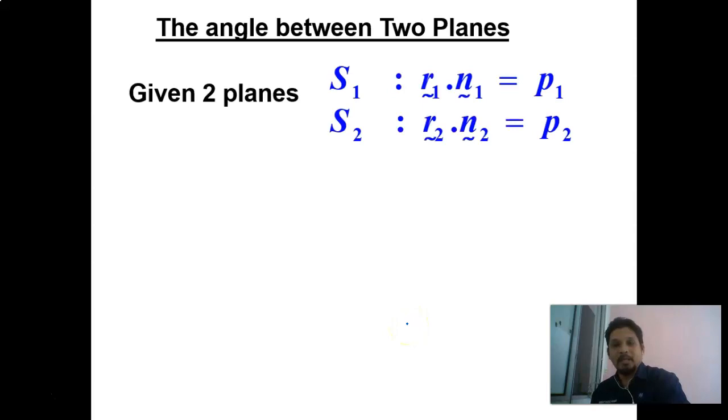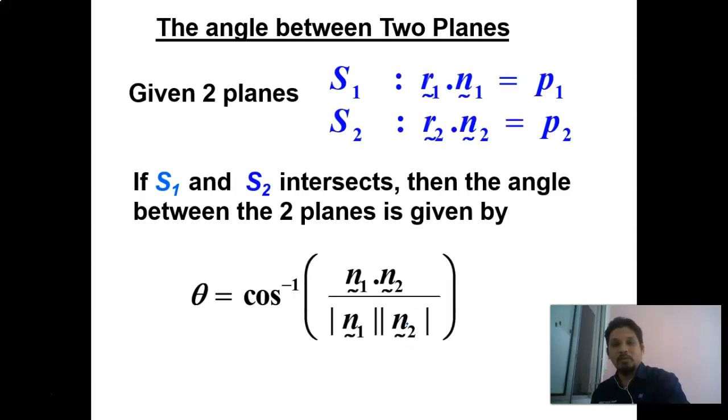Okay, now when given two planes, S1 and S2, and asked to find the angle between them, just imagine that this is one plane and this is another plane, and the planes intersect something like this.